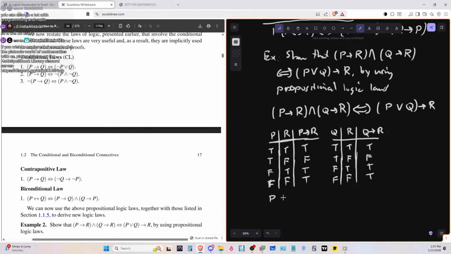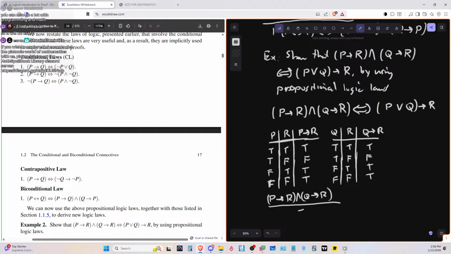If we have them both like this, parentheses, don't forget the parentheses.